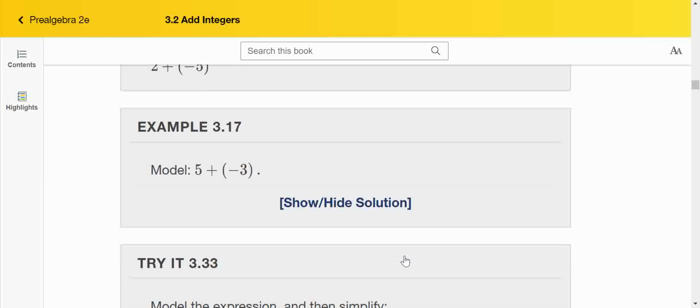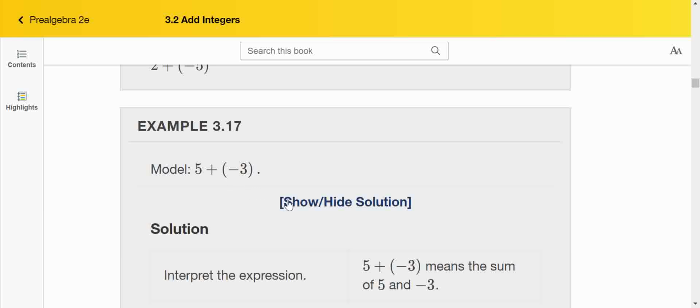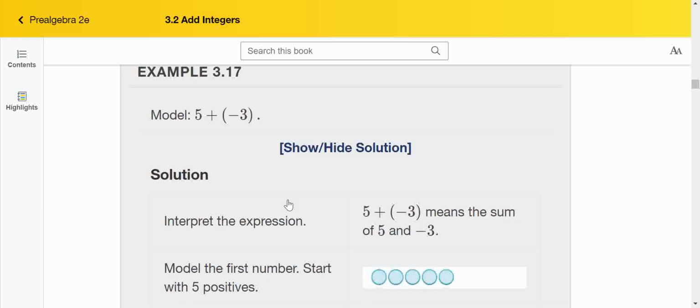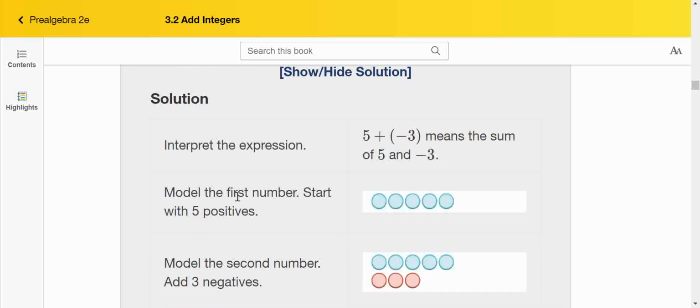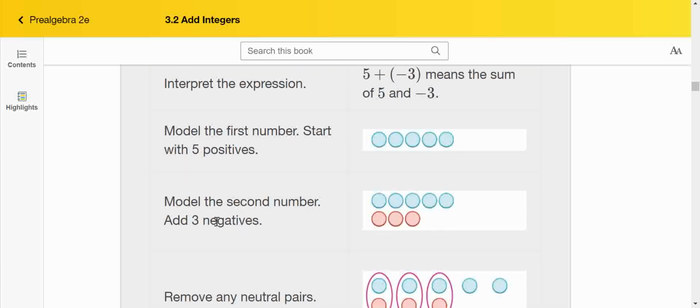And example 3.17, model 5 plus -3. So very similar, we begin with interpretation. Interpret the expression. 5 plus -3 means the sum of 5 and minus 3. Model the first number. Start with 5 positives. Model the second number.